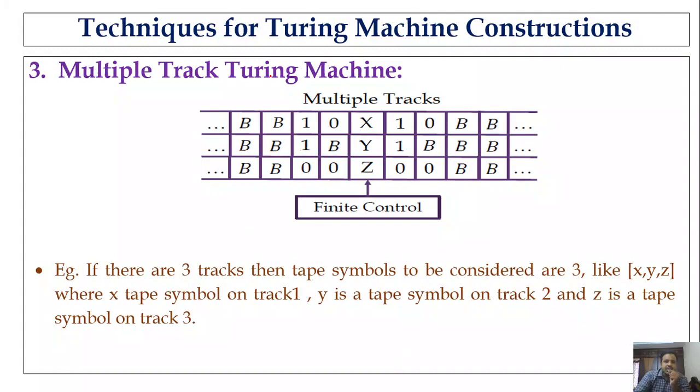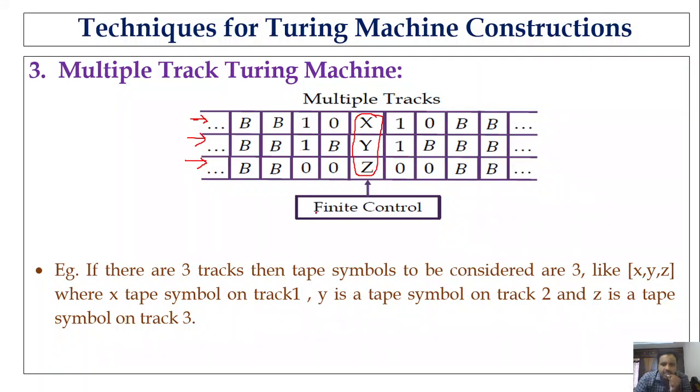So this is the example. Here I have taken three tracks: one, two, and three. Assume that the finite control is there and the head is pointing to this particular position.